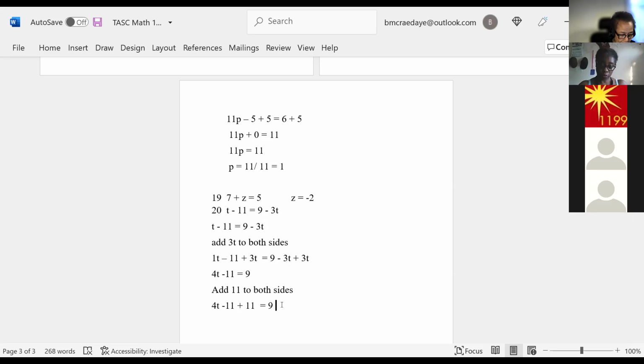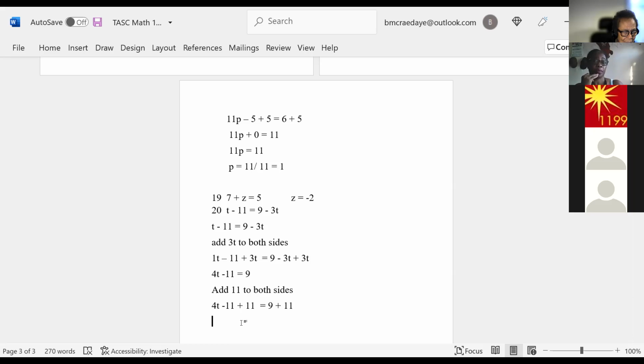Now, what do we get on the left side? 4t minus 11. 4t minus 11 plus 11 becomes what? Okay, 4t minus 11 plus 11 equals 9 plus 11. What is that equal to?